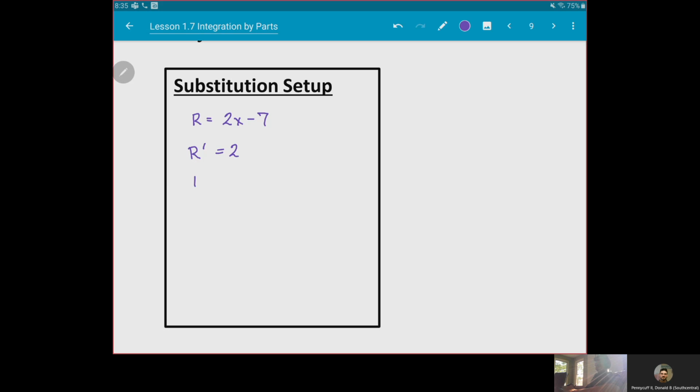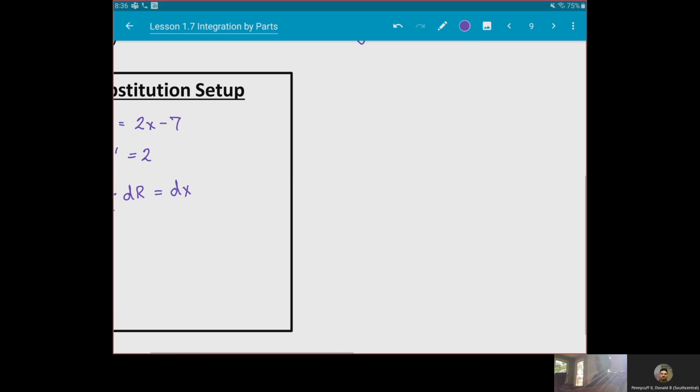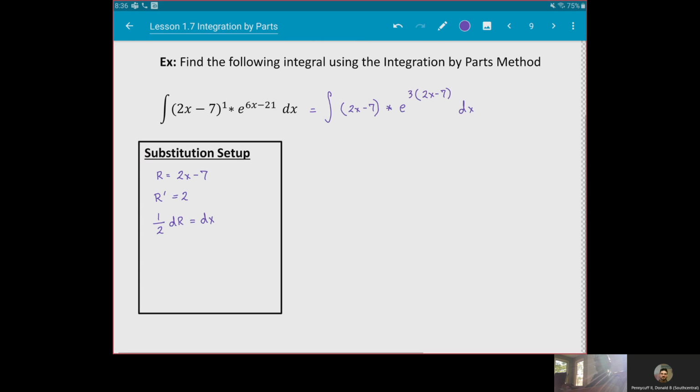So 1/2 dr is equal to dx. I'm using the letter R instead of the letter U because U is my integration by parts letter.